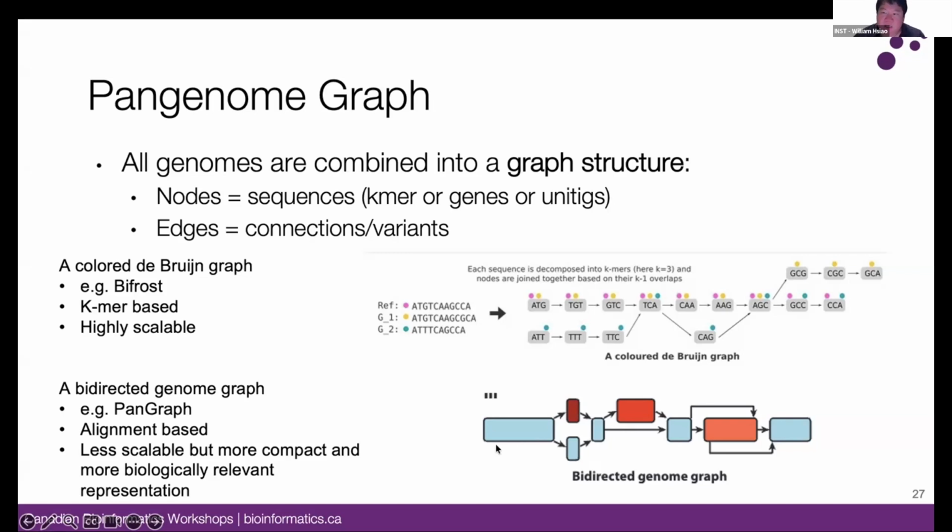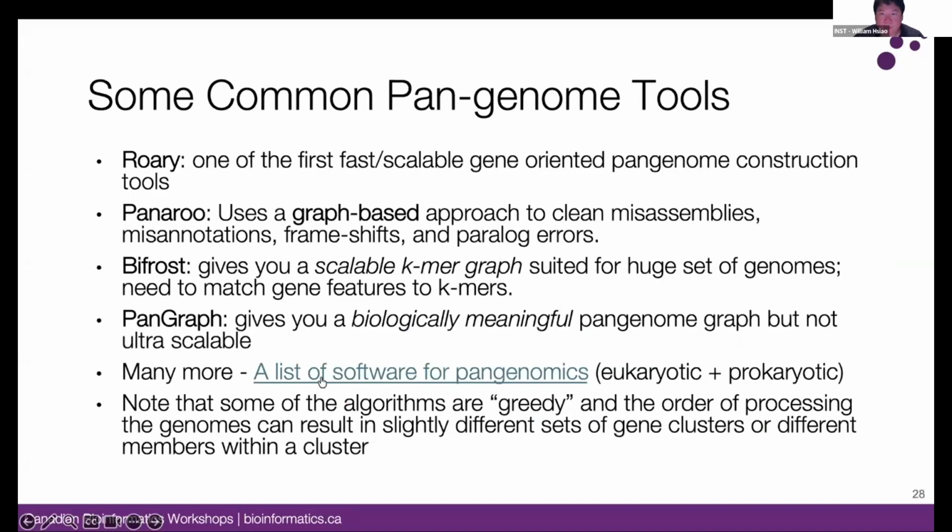Okay, so an example of this type of graph is PanGraph. So here's a recap of some of the common tools for microbial pangenomes. Roary is one of the first scalable gene-oriented pangenome construction tools, one of the first tools, I should say.